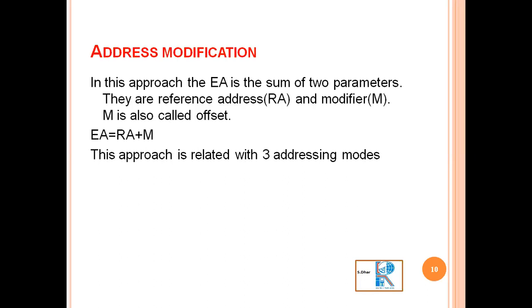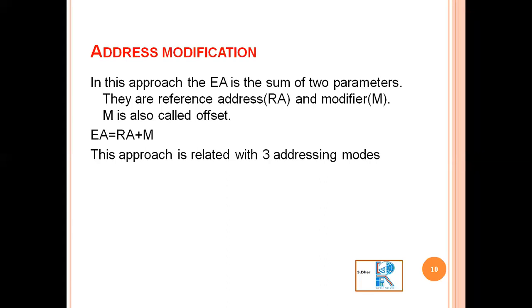I am giving you one example. Suppose I ask you where RCC is, you will tell me it is in Sealdah, and from Sealdah it is, suppose, 10 kilometers away. When I talk about Sealdah station, that is the reference address; we are referring to a particular address.